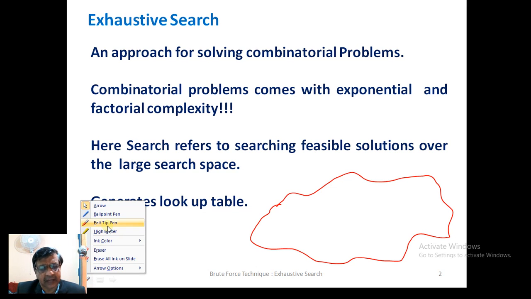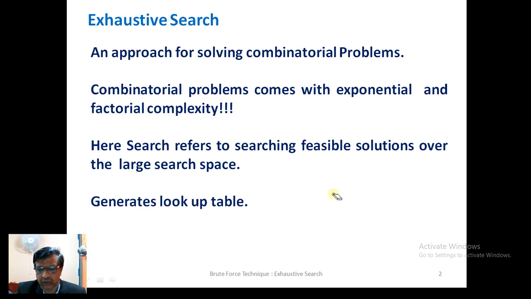The TSP problem, the assignment problem, and many graph problems come under the category of combinatorial problems. The solutions for this kind of problem should be obtained by combination of solutions of components of the same problem.